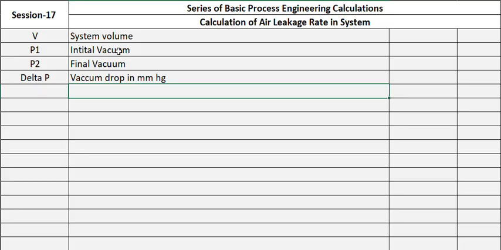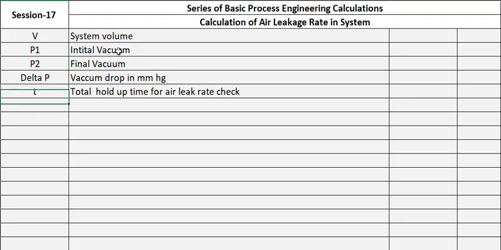To perform this leak rate checking test, we need the total hold up time for the air leak rate check. That is T. These are required to calculate.